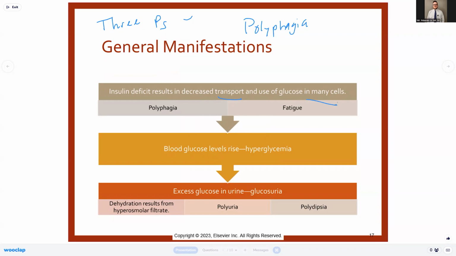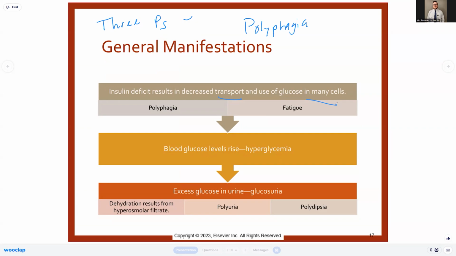And we're not metabolizing glucose because it's just stuck in the bloodstream. We either can't get it to the cells because we have type 1 and we don't make any insulin to transport glucose, or we make plenty of insulin in type 2, but our cells are not receptive to the hormone insulin, and so that glucose never gets transported. So blood glucose levels rise.